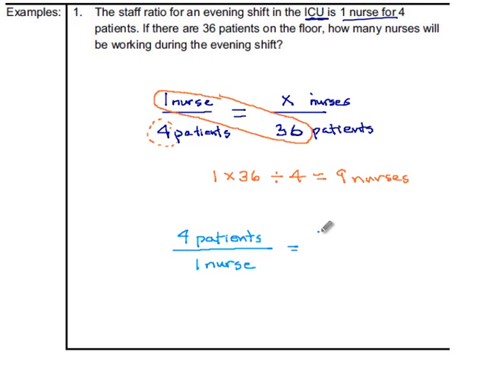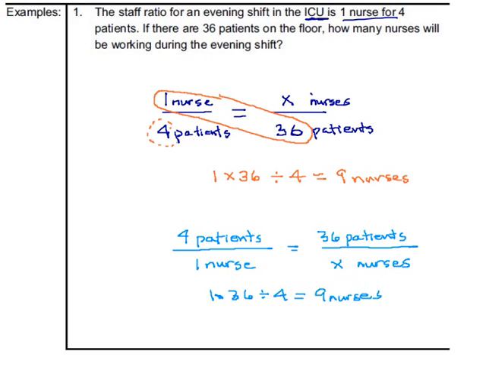So then for 36 patients you need how many nurses? If you cross multiply this, you again get 1 times 36 divided by 4. It's the same calculation in any case. So 1 times 36 divided by 4, and again you come up with 9 nurses.